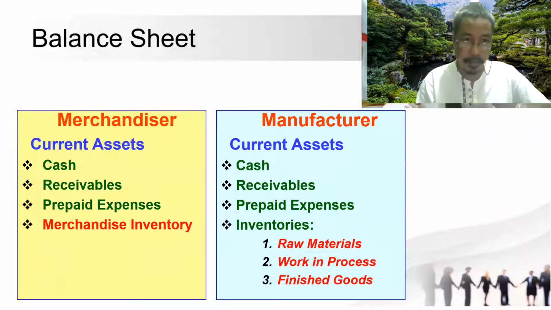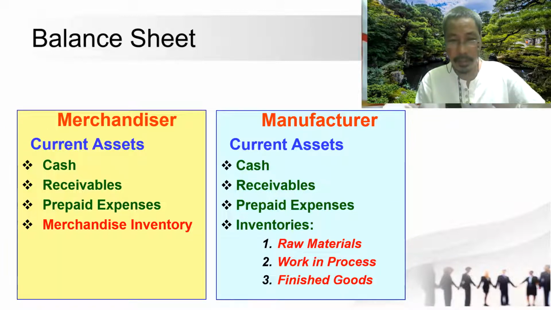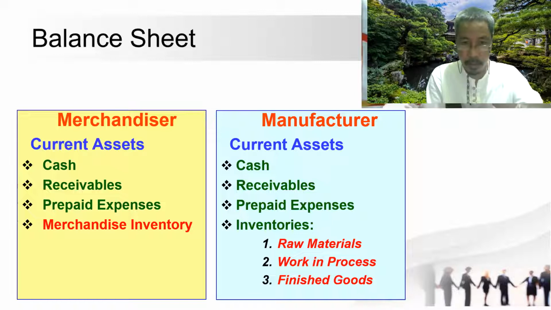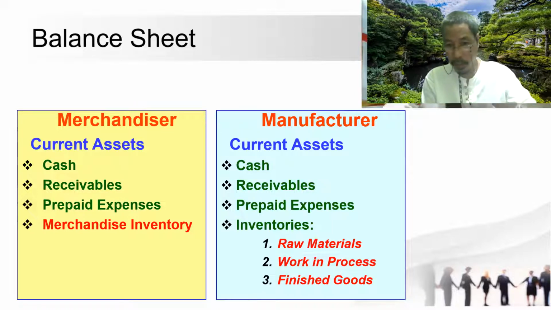Balance sheet. Very easy. As we already know from financial accounting, merchandising, we do not have inventory. Instead, we have merchandise inventory. Our inventory is the same thing that we bought, meaning inventory of raw materials we don't have.